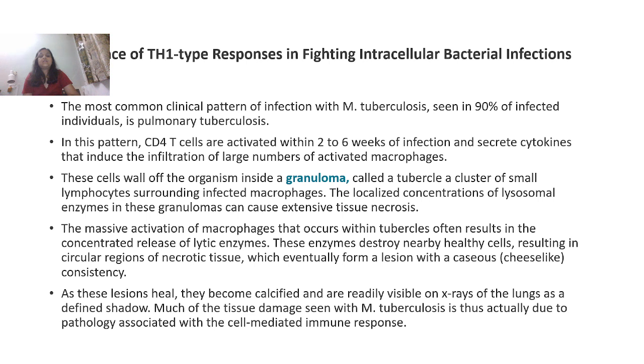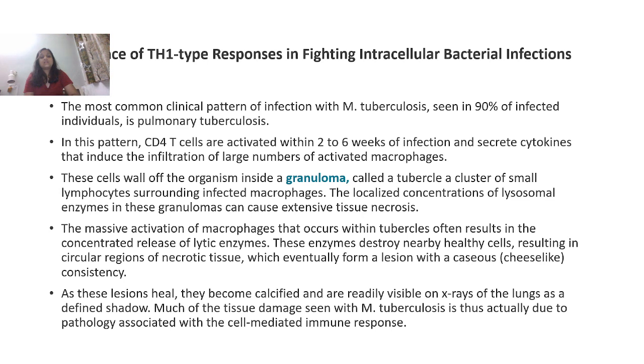There is a localization of lysosomal enzymes inside the granuloma that can cause excessive tissue necrosis. There is massive activation of macrophages within these tubercles, resulting in the concentrated release of lytic enzymes.